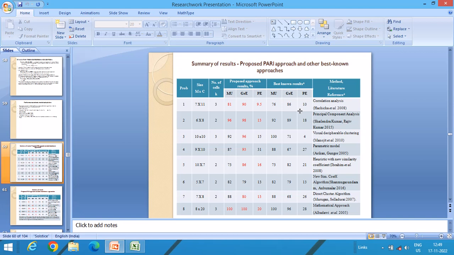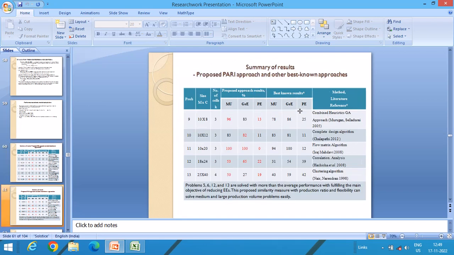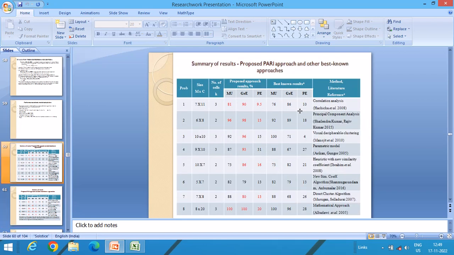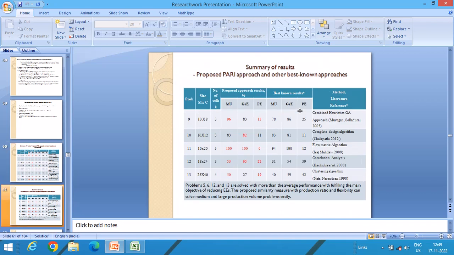And for problems 3, 4 and 5, the grouping efficiency is higher, and for problem 6, the values are almost equal to the best known results. And for problem 8, we have got good results, 100% compared to the best known results.